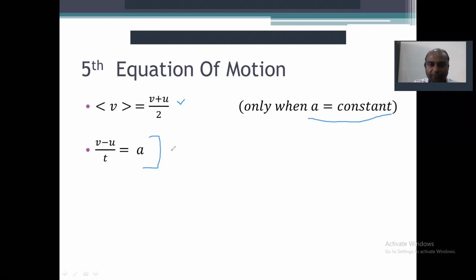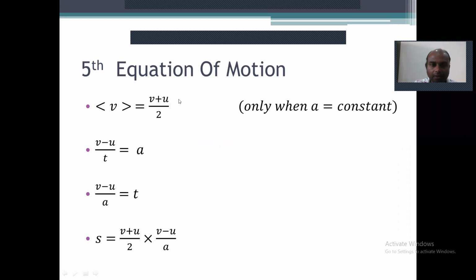Now, from this, it is very obvious that the time is given by what? V minus u over a. That is what the time would be. So if time is v minus u over a, then we earlier saw in our fourth equation of motion that distance is nothing but average velocity into time.